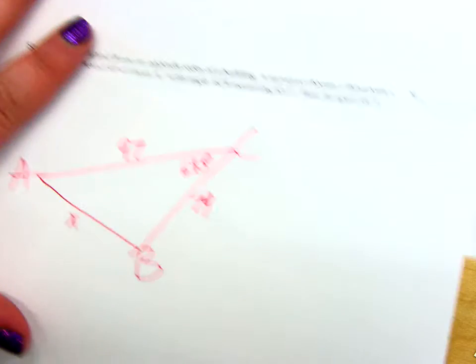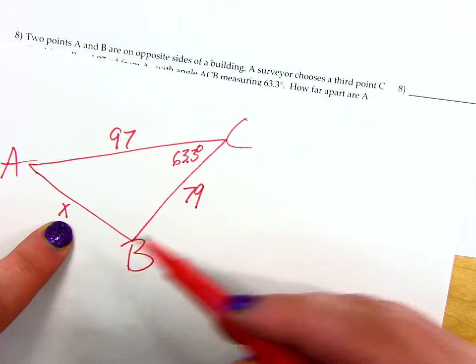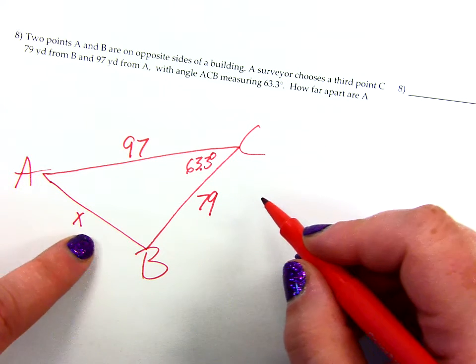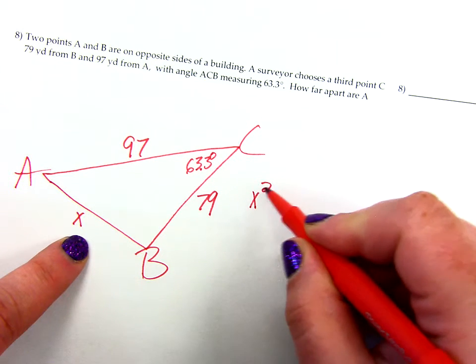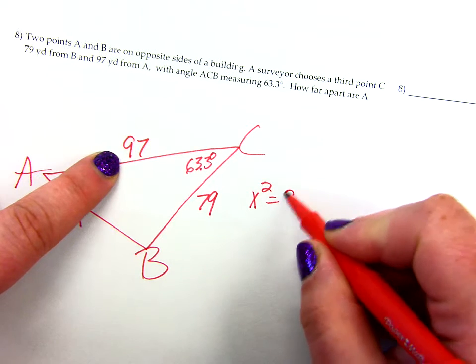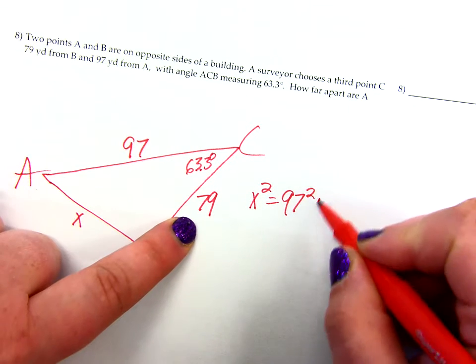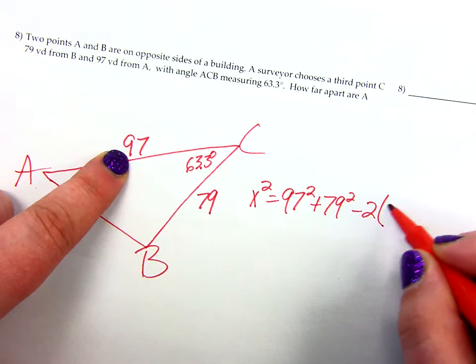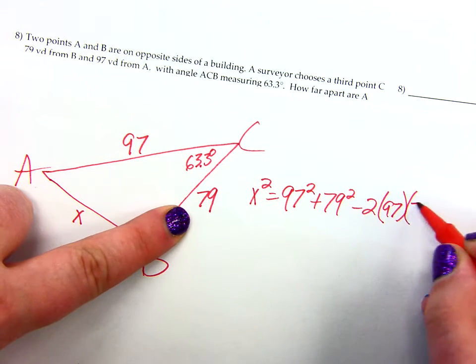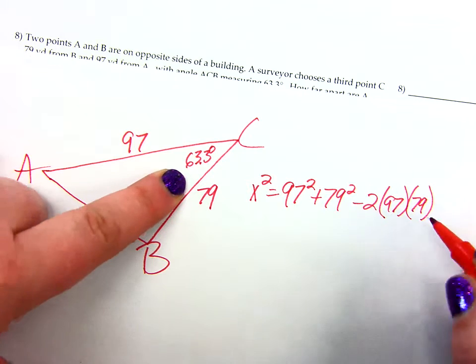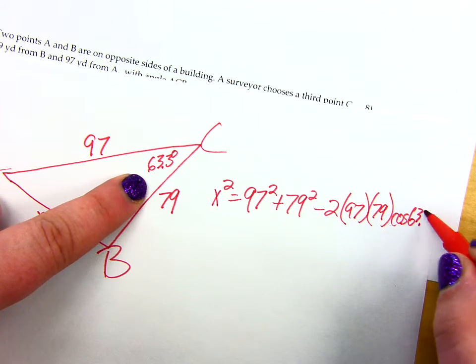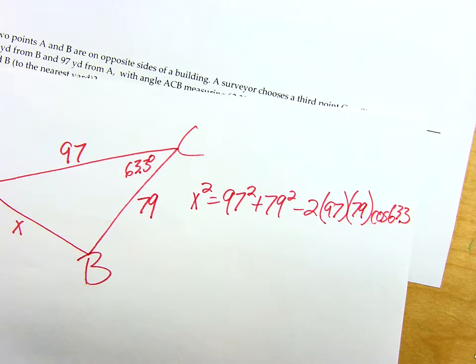So, now I need to solve for this missing side. So that law of cosines, which, yes, is on your reference sheet, is going to be x squared equals 97 squared plus 79 squared minus 2 times 97 times 79 times the cosine of the angle in the middle, 63.3. So you're going to do all that math.